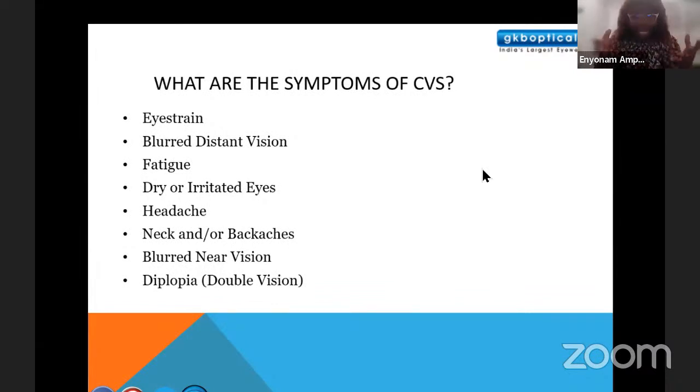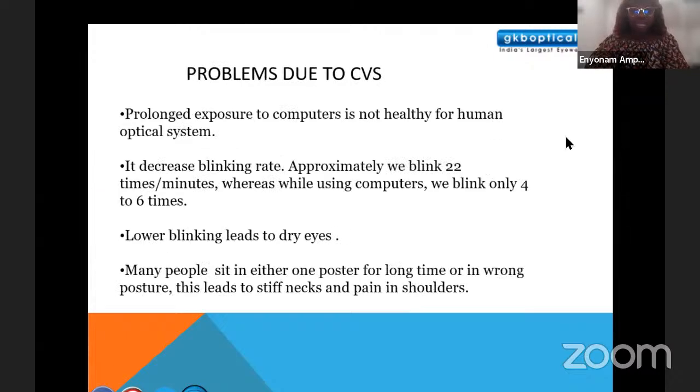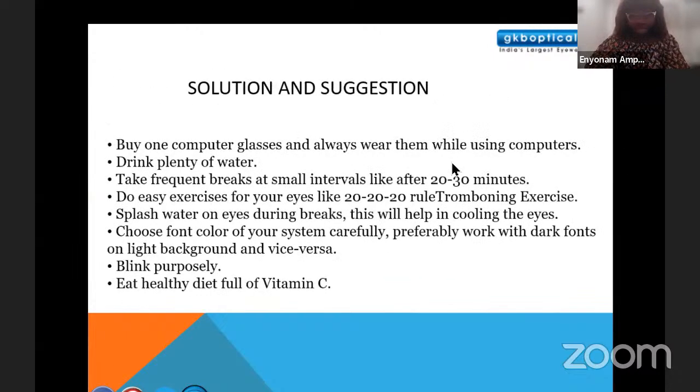Your eyes become tired, irritated, and very dry, and then they start to water and tear up. You can get headache and back pain, especially if you don't sit well, like I'm sitting now. You can get blurred near vision also, and sometimes even double vision if you use it for a long period of time.